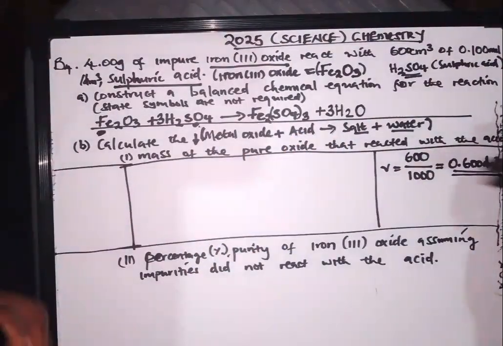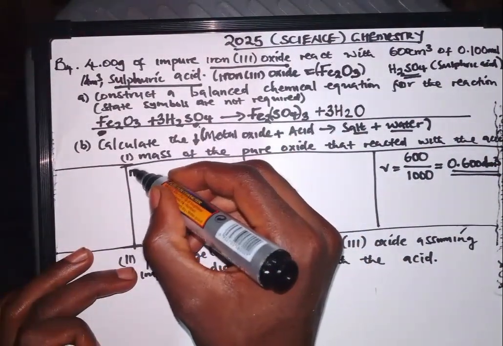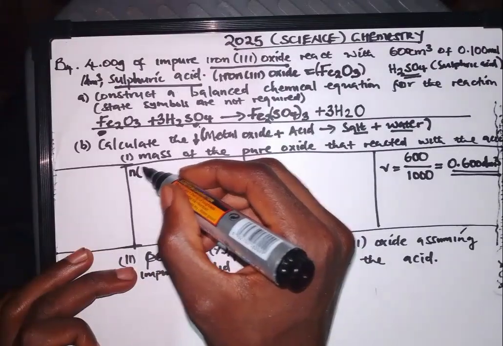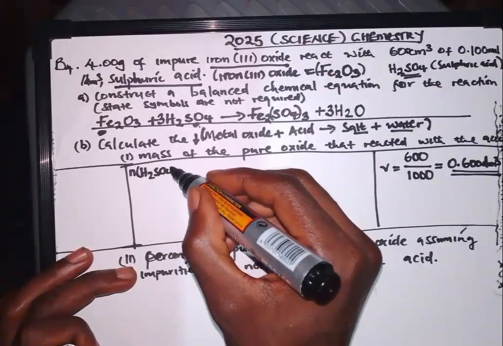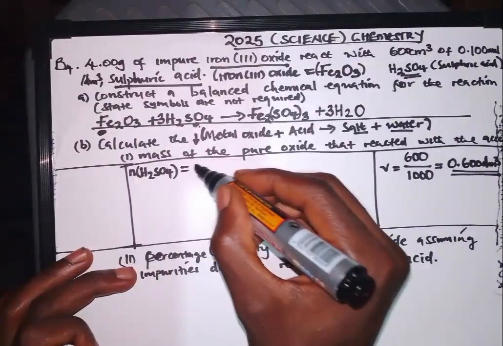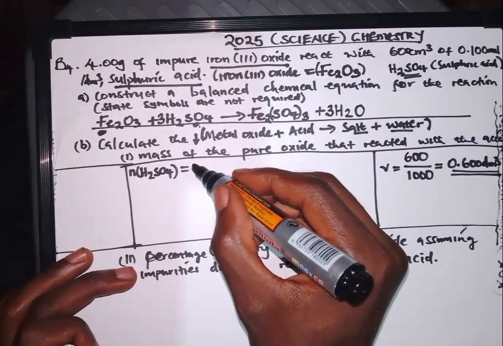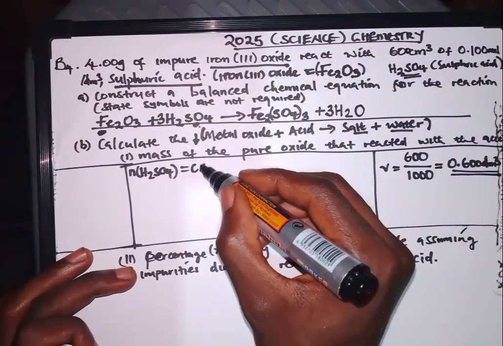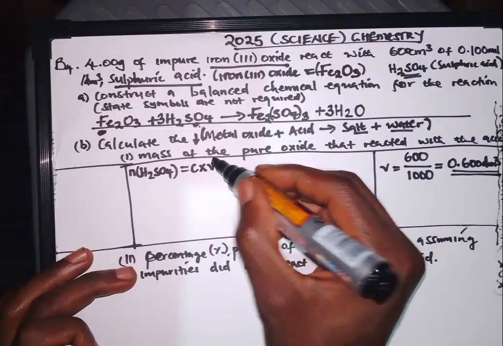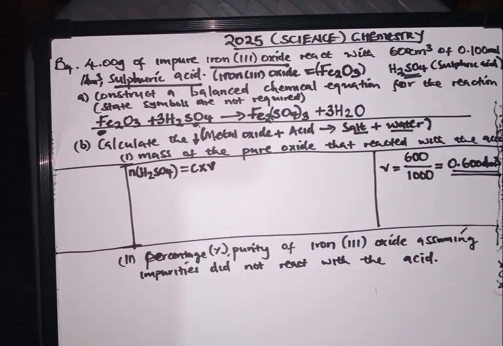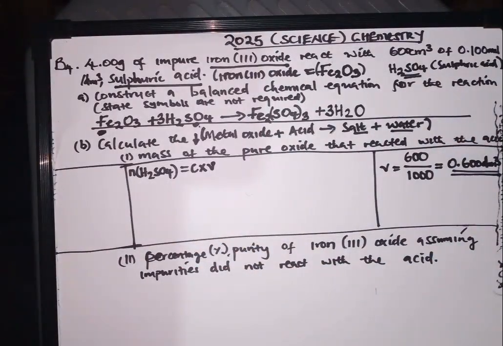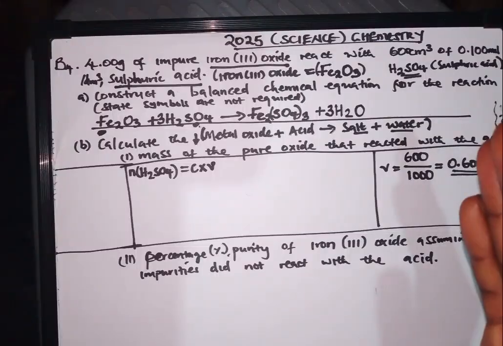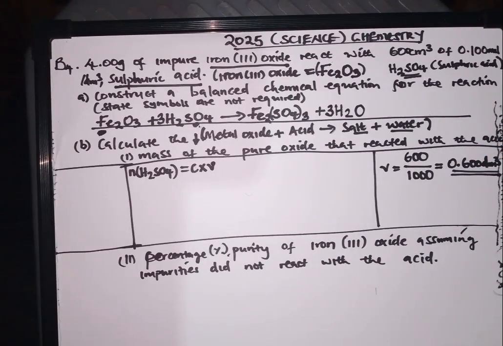So now you say number of moles of sulfuric acid should be equal to concentration multiplied by volume. So this is the formula which we use to calculate the number of moles when we have concentration and volume. Yeah, remember this formula.